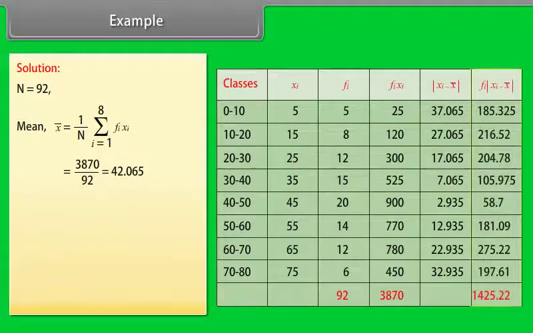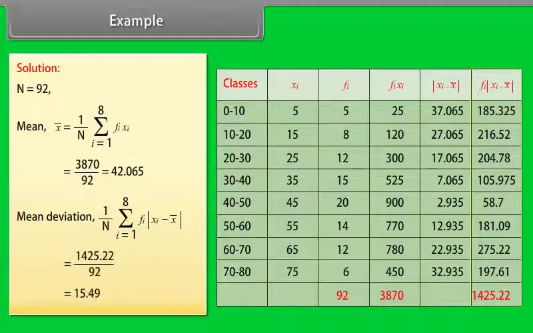In the sixth column, we find the product between the absolute values and frequency fi, and their sum is found to be 1425.22. And finally, we find the mean deviation by the summation from i equals 1 to 8 of the product between frequency and absolute values divided by capital N as 15.49.